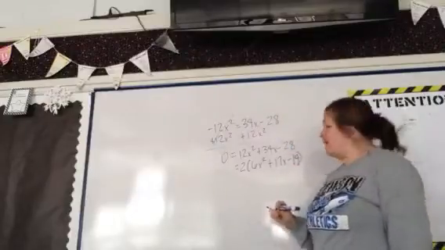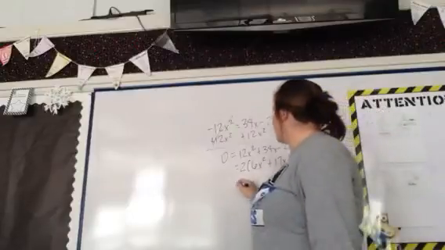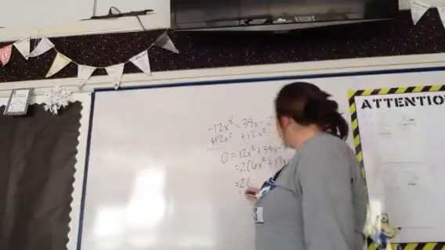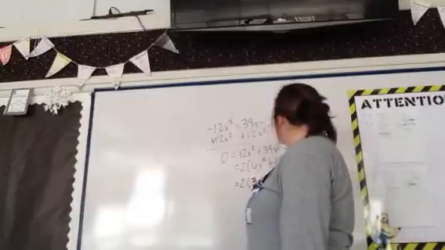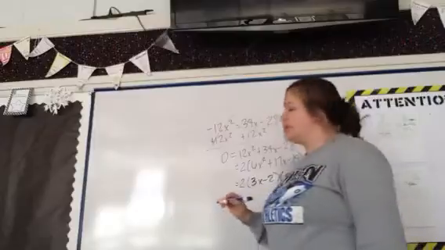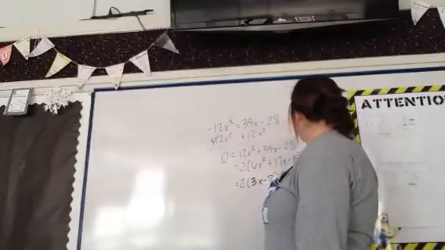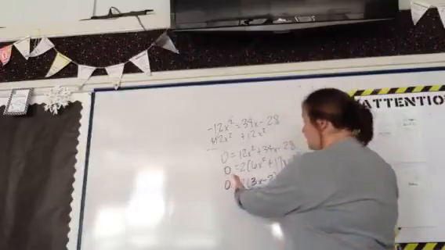And then I'm going to find factors of 84 that get me to 17 and factor it by using the box method. And so therefore I'm left with 2 times 3x minus 2 times 2x plus 7.